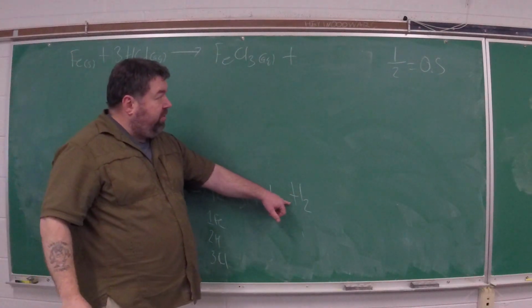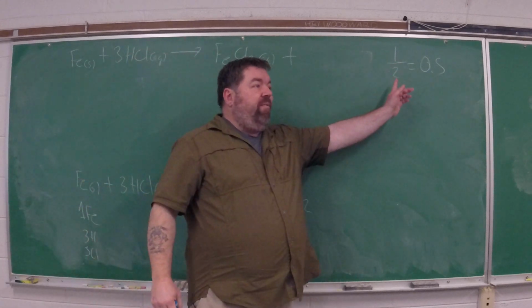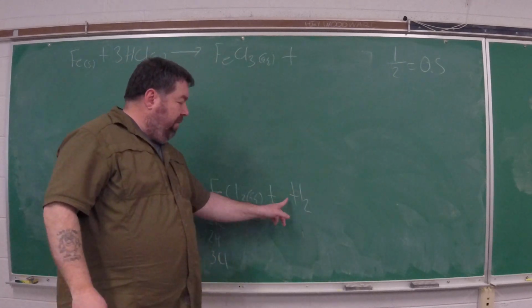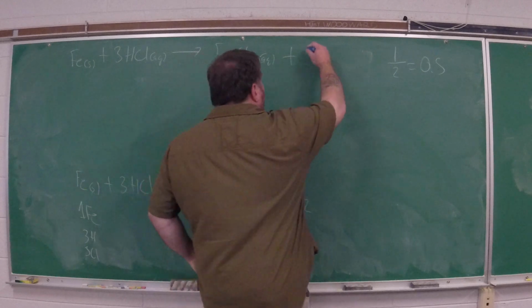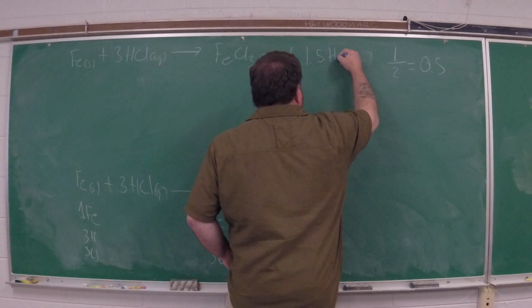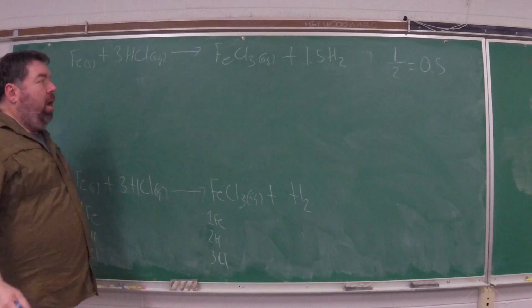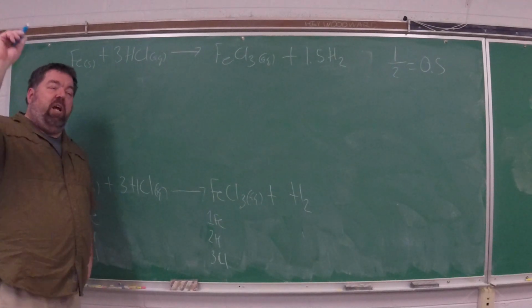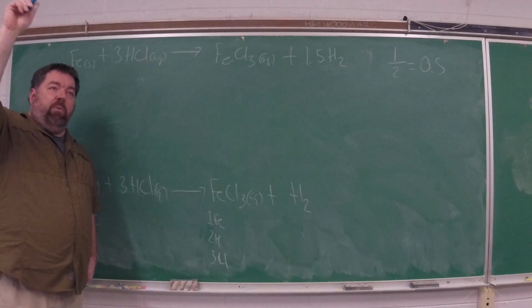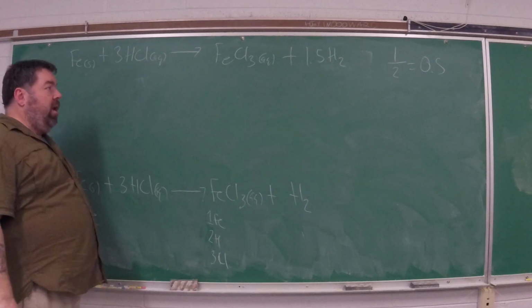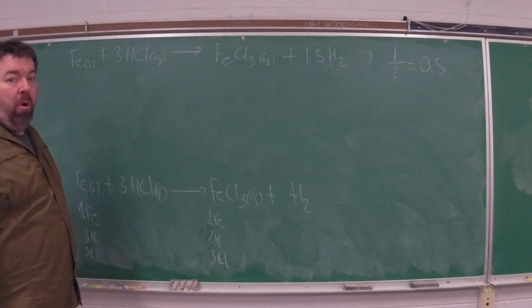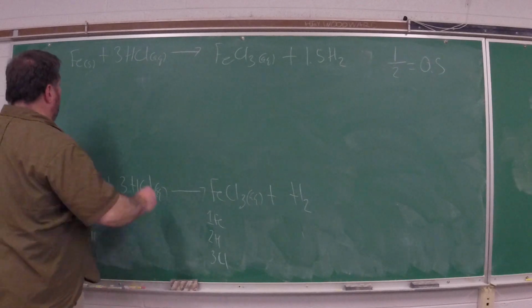They come in multiples of 2. So 1 more divided by 2 is 0.5. So we add 0.5 onto the stoichiometric coefficient, and I have 1.5 hydrogens, that'd be 3 hydrogens. But again, you're out there yelling, you can't have a decimal point in a stoichiometric coefficient. You're correct. So what are we going to do? We're going to multiply through by 2 to get rid of the decimal.